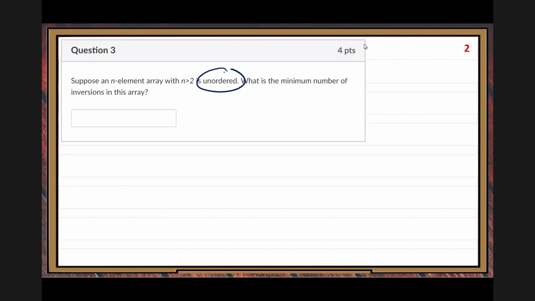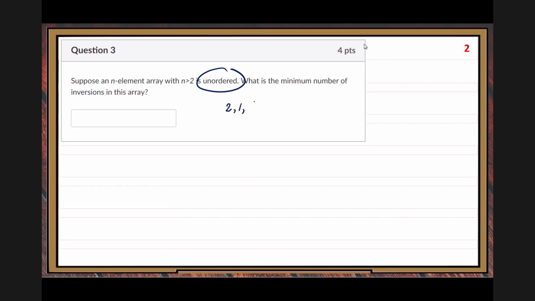Sometimes constructing a simple example is important. Like a question like this. Here we need to find a simple array with only 1 inversion. How about 2, 1, which is an inversion.